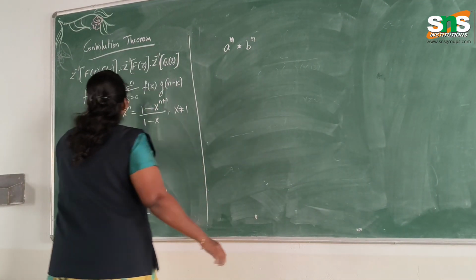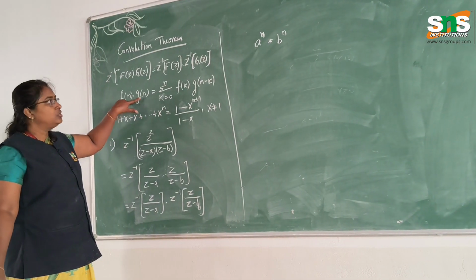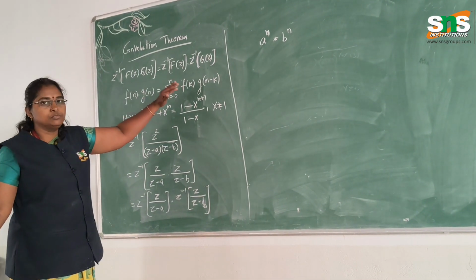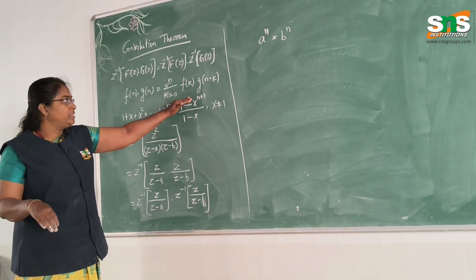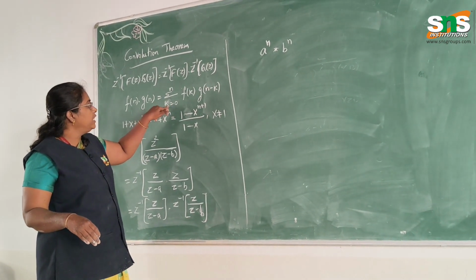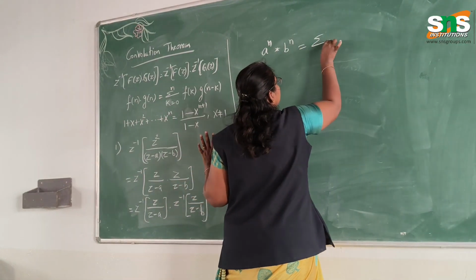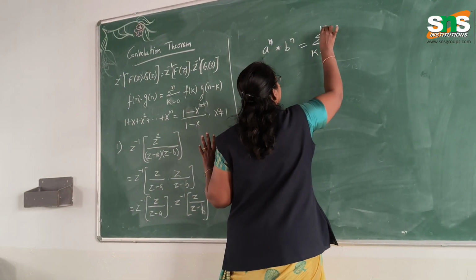That means when we apply Z inverse, we get the function in terms of n. This n we change in terms of k, summation k equal to 0 to n.